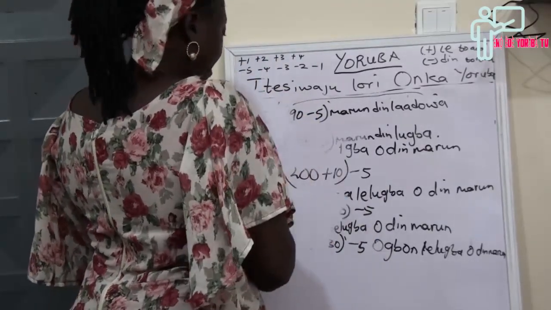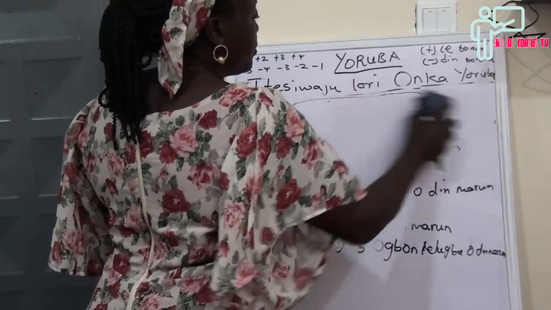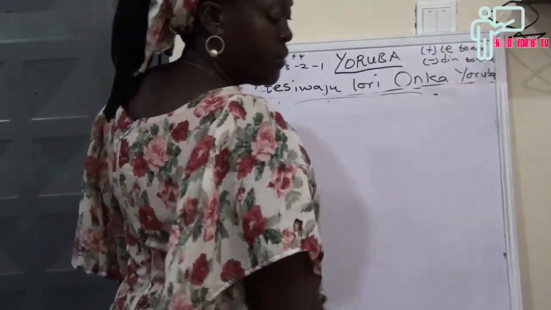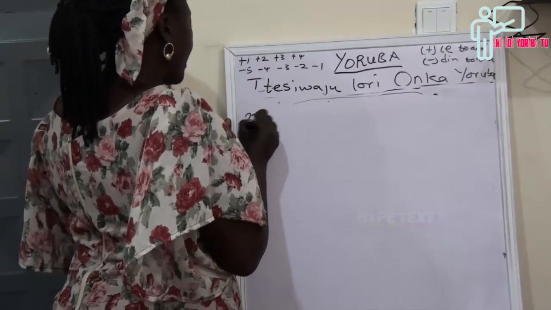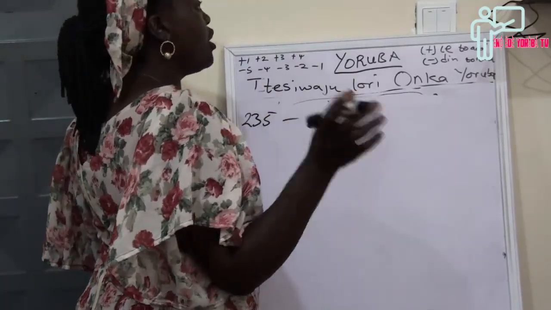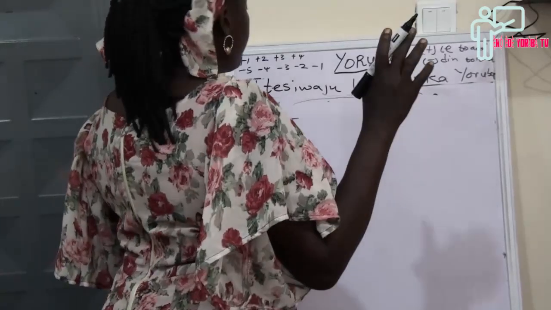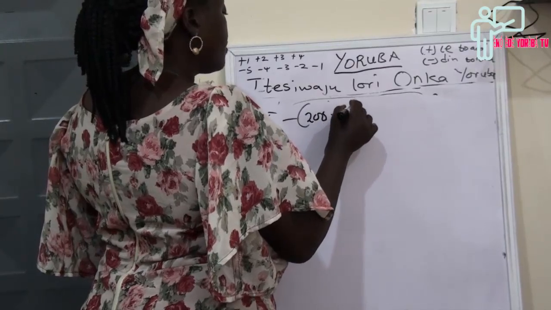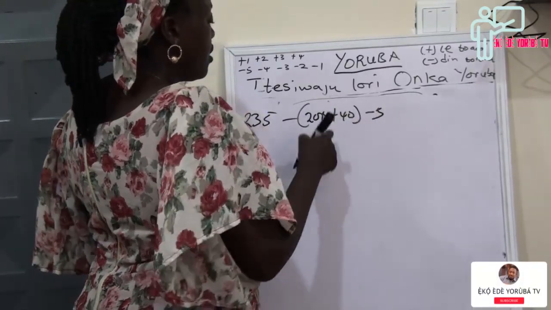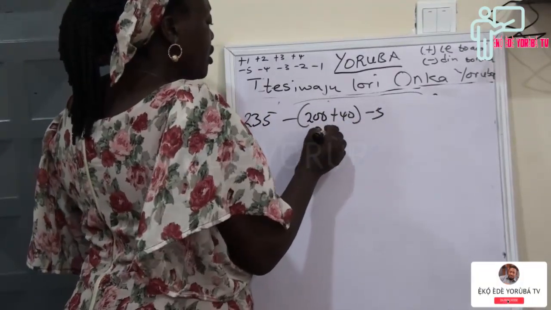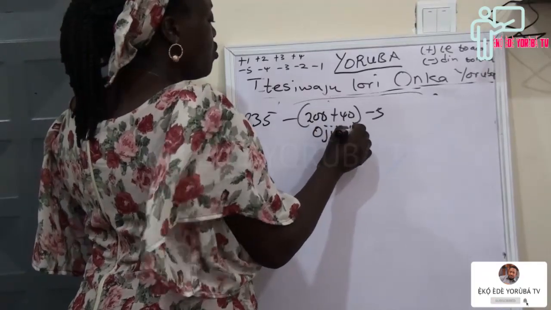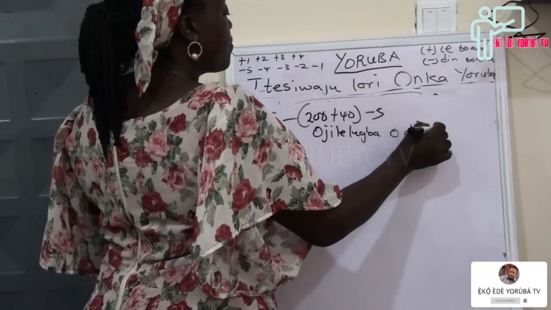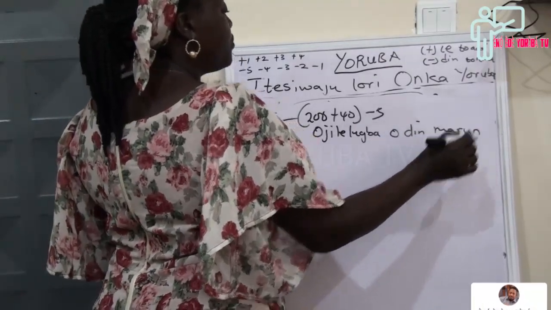So 235. We also go for the whole number. 235 will also be òjìlélúgba ó dín márùn-ún. 200 plus 40 minus 5. That is òjìlélúgba ó dín márùn-ún.